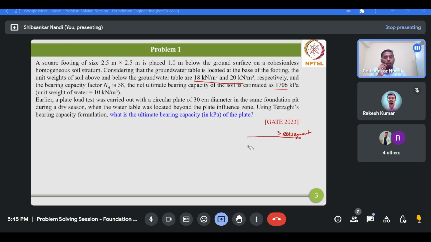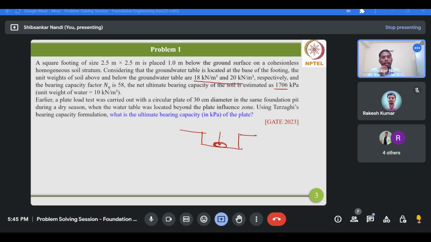So I will not go into much detail about this test, but a few things which you should know for solving this problem. So first of all, the circular or square plate is placed on the soil, for which you are determining this type of load deformation behavior, and this plate is then subjected to some loading.